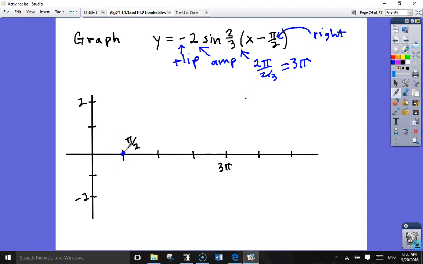Then it's going to go 1, 2, 3, 4 to here. It's negative, so it'll have to go down first, and then back to 0, and then up, and then back to 0. So there's the graph.